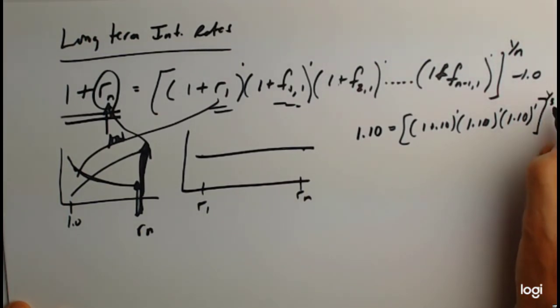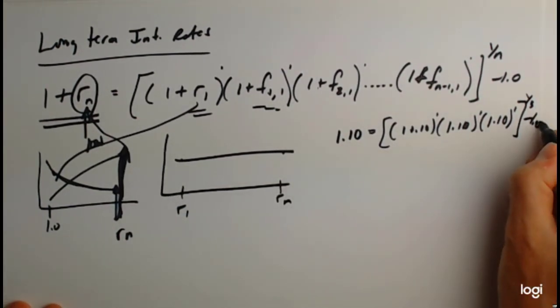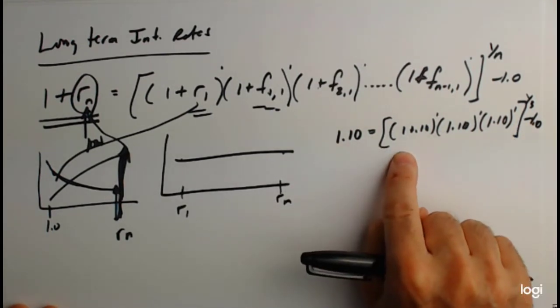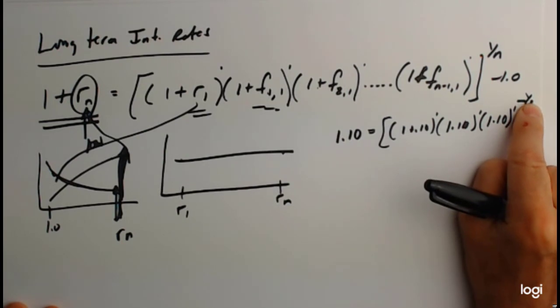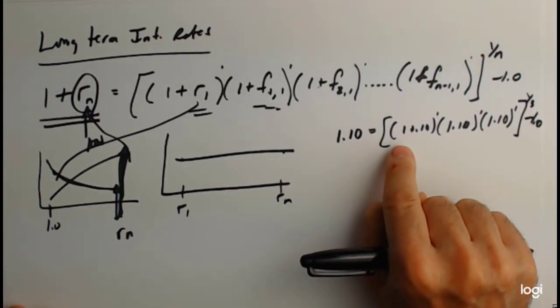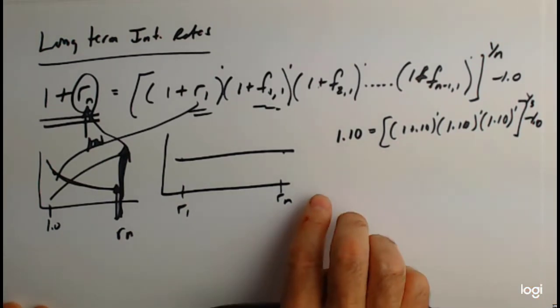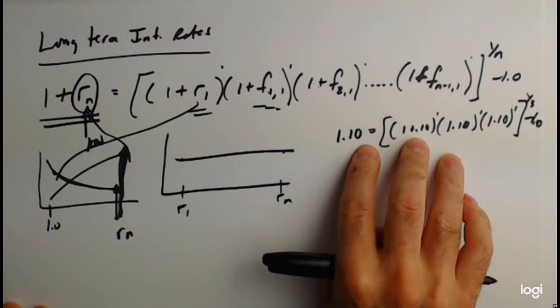And then you take it to the 1/3 power minus 1. We're running out of space there. Well, this 10%, 10%, 10% averaged, it doesn't matter if you average it arithmetically or you average geometrically by taking it to the 1/3 power. It's going to be 10%. So remember, geometric and arithmetic averages are the same when you have constant interest rates, which we have, constant interest rates at 10%.